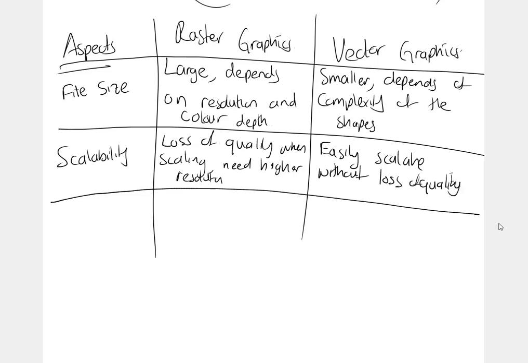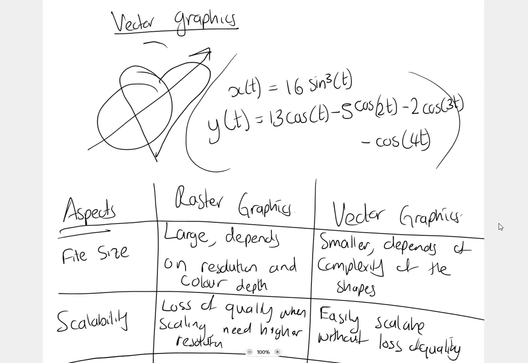And that's really what makes vector graphics amazing and appropriate for icons and logos for companies, so you can scale it up for advertising and you'll never ever lose quality. But I'm sure you're wondering, why is it that you can do this infinitely? You can infinitely zoom into this heart.